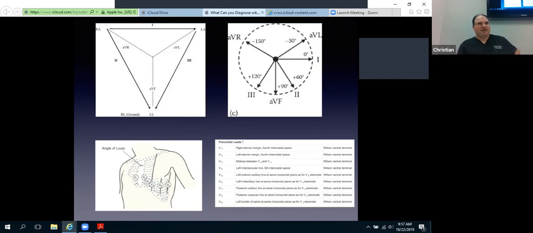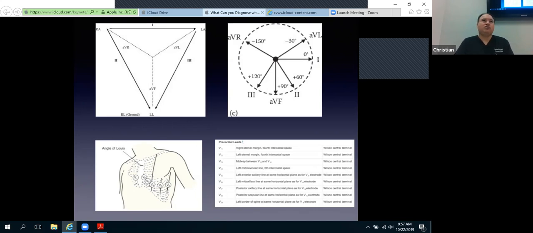So let's go back to V3. Where does V3 go? Between 2 and 4. It's a guess. It goes in the guess position somewhere between 2 and 4. V4 is on the medial aspect of the nipple, just below, on the fifth intercostal space. There's not a lot of space to screw that up, but it just goes about halfway. There is no specific anatomical landmark for V3.